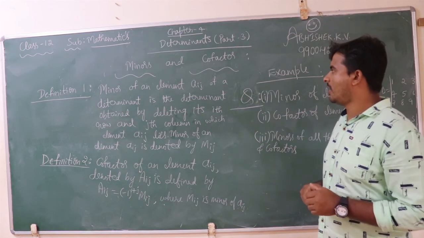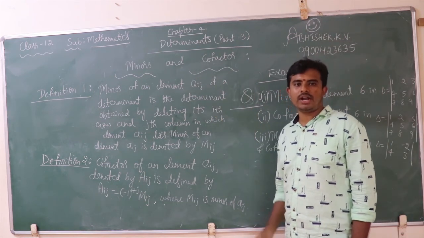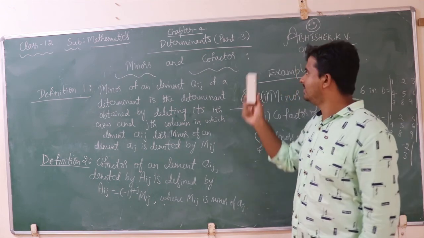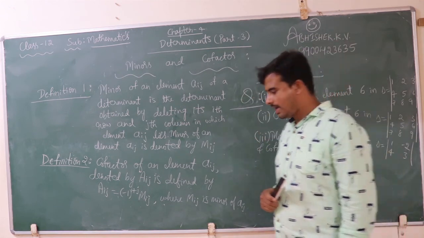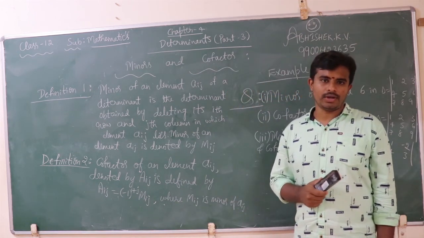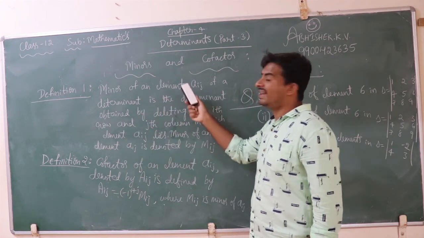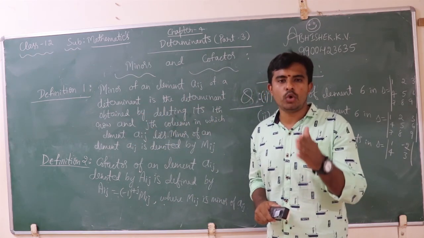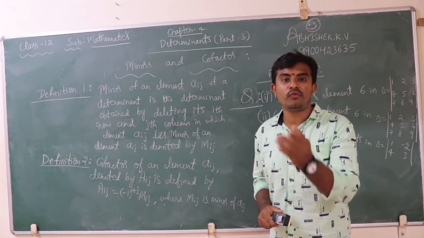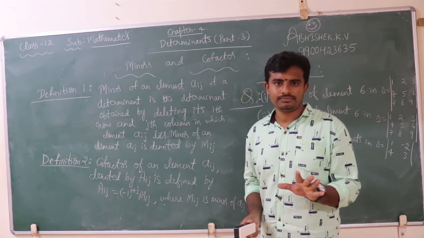In this session, I am going to be lecturing about the minors and cofactors, one of the important subtopics in this chapter, determinants. Then the first question is, what is minor? The definition says, minor of an element. Here, I am going to define a minor for the element of the determinant.